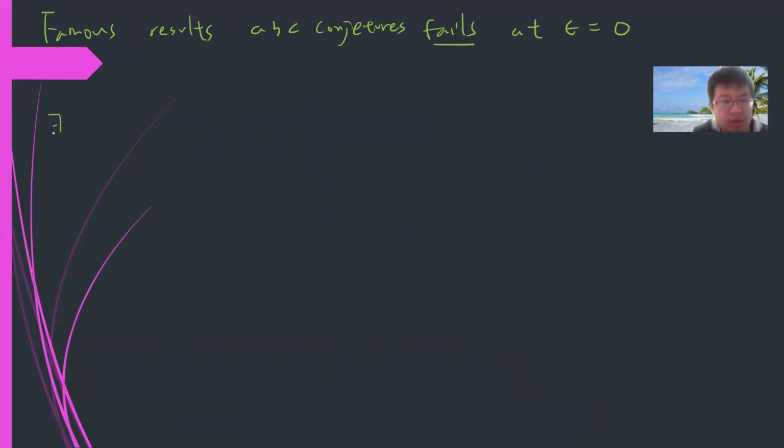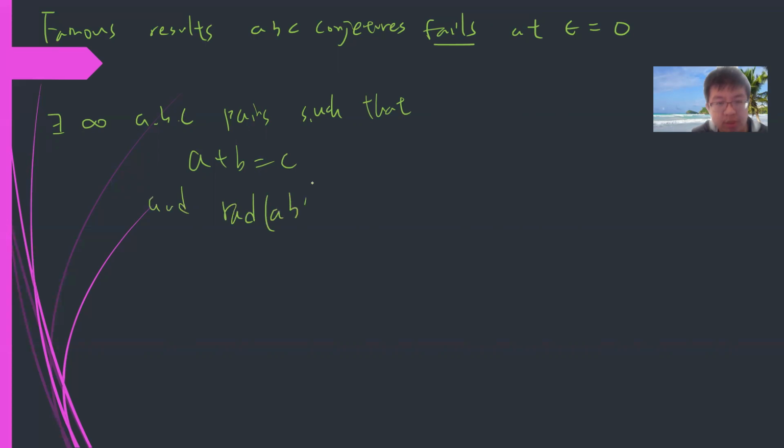That means there exist infinitely many ABC pairs such that A plus B equals C, and the radical of ABC is less than C. This is the famous result I think needs to be mentioned.